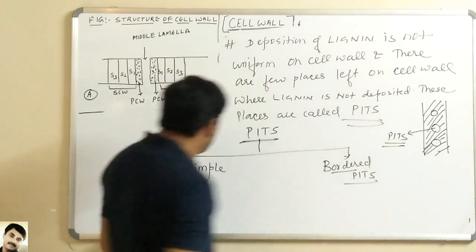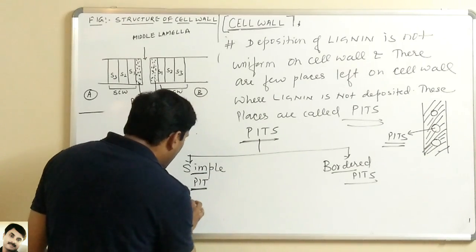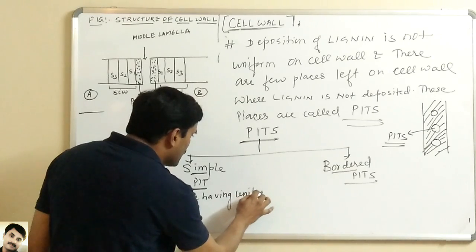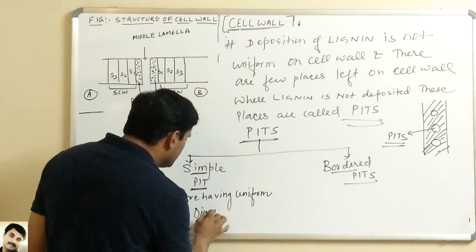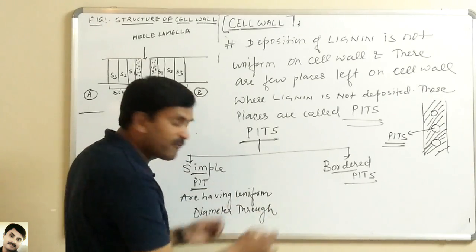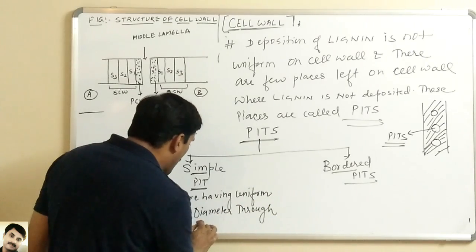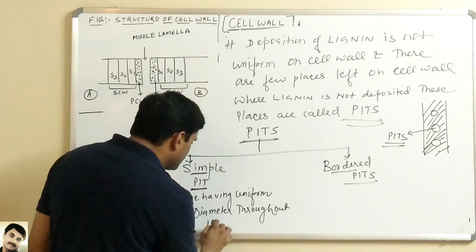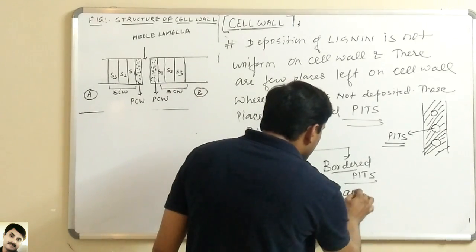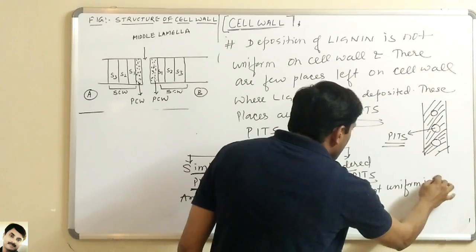Now, what is the chief difference between a simple pit and a bordered pit? Simple pits have uniform diameter throughout the length. I will make the diagram also in a couple of minutes, then it will be easier to explain. But if you see bordered pits, they are not uniform in diameter.